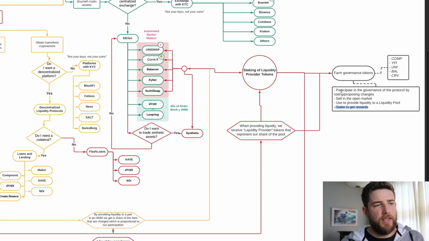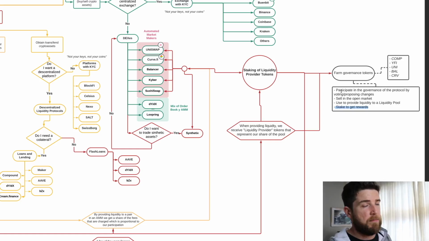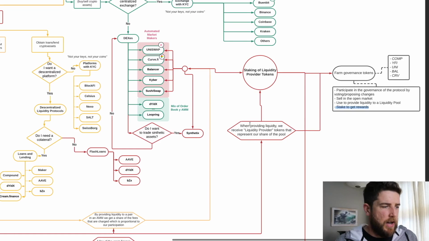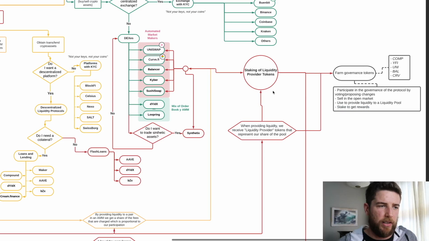So as you can see, this is what is called a money Lego. DeFi is a set of protocols and platforms that interact with each other, and it is called a money Lego because you can start doing a lot of things. There's a lot of composability in all of these protocols. And of course it gets quite complex. I know this is quite a lot.